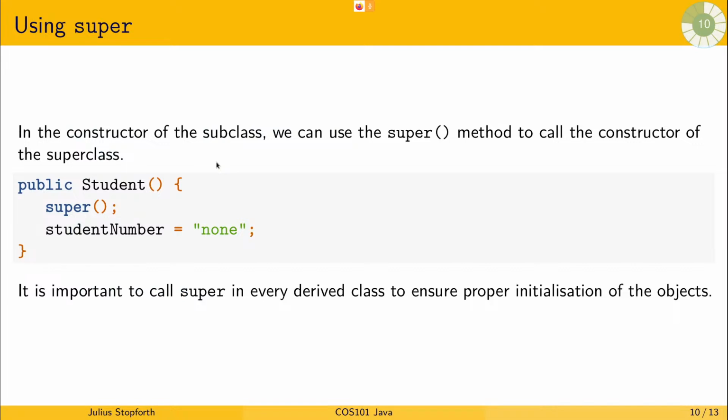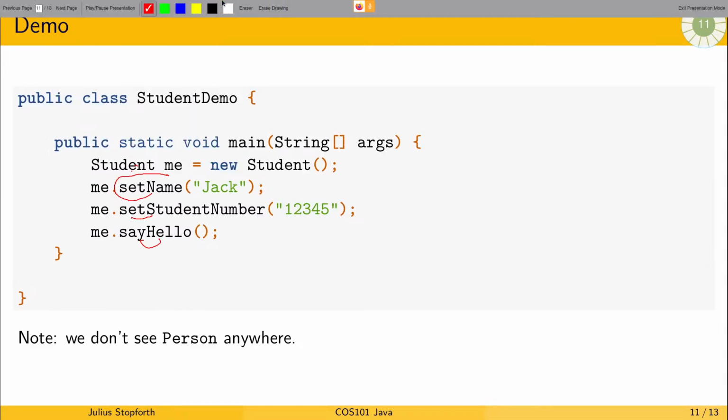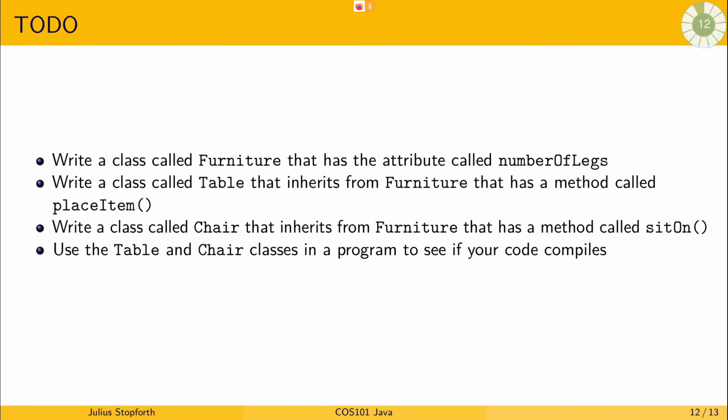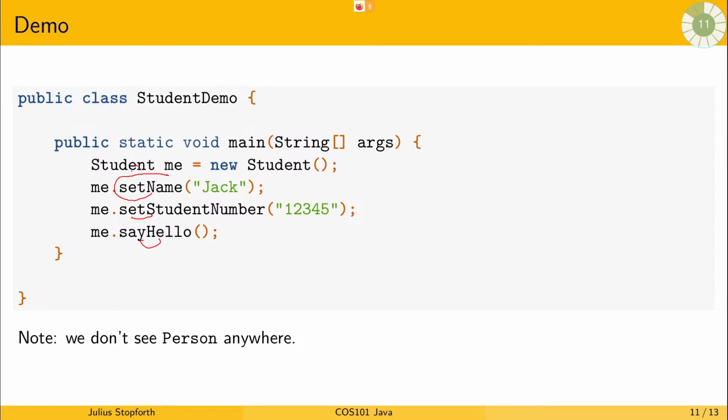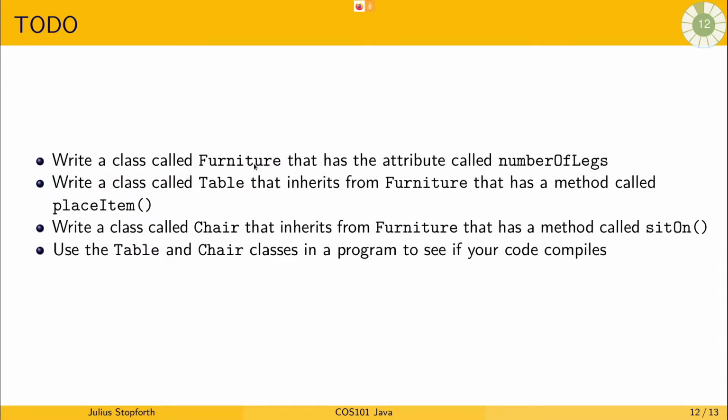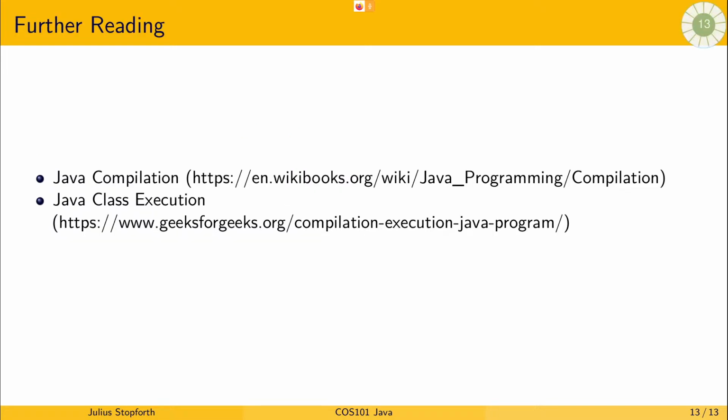Okay, so I'm going to jump to a demo now to make this a bit clearer, hopefully. There's also a to-do. These are just exercises to get you thinking about how to write classes. But I think if you're busy with the assignment, then you don't have to worry about these so much. And then there's some further reading.